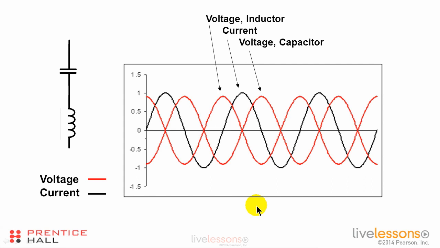It is never anything else. The voltage phase relationship between an inductor and a capacitor is always 180 degrees, and it is never anything else. The only time that we can get a phase shift different from 0 or plus or minus 90 degrees is when we start combining components.